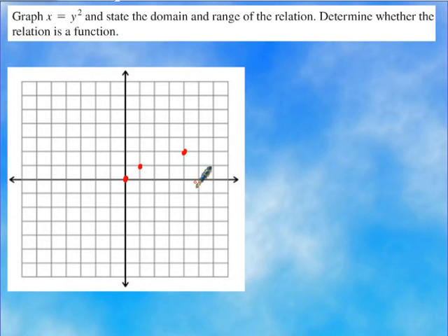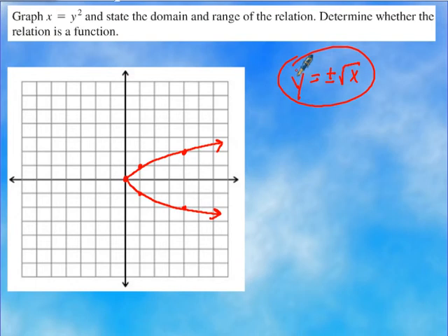Can I plug in negative y's? Sure. Negative 2, when y is negative 2, x is 1, 2, 3, 4. When y is negative 1, x is positive 1. Guys, it's the same graph except it's both pieces. X equals y squared. If you move a square to the other side, you do have to do plus and minus the square root.